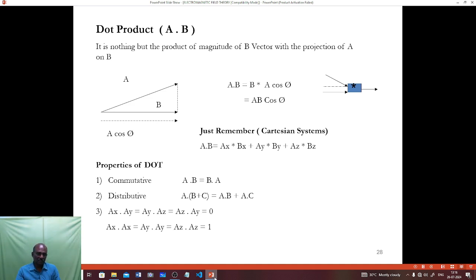For the dot product between unit vectors, AX dot AY, AY dot AZ, AZ dot AX, the two vectors are perpendicular to each other, so the angle between them is 90 degrees.